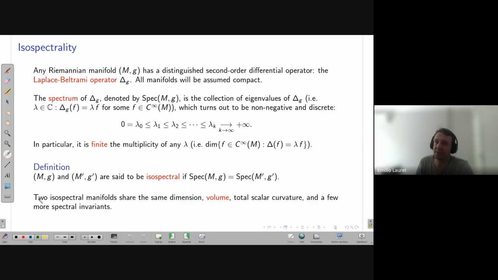Let's say that there are certain spectral invariants: some things that the spectrum determines about the geometry of the manifold. For instance, the dimension and the volume. This will be very important for us. Also the total scalar curvature, and a few more things, much more complicated than the previous three.